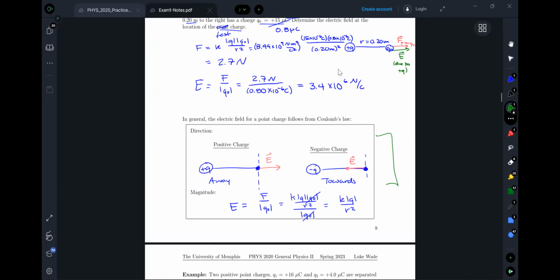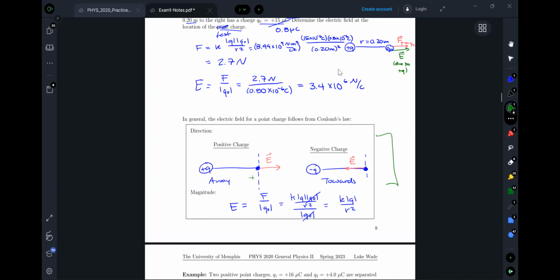Forces only mean anything if there's another charge that I put somewhere in this field. And so if I put another charge in the electric field of this one, say a positive charge, it would be repelled. So it would be in the same direction as the electric field. If I had a negative charge, it would be attracted, so opposite the direction of the field.